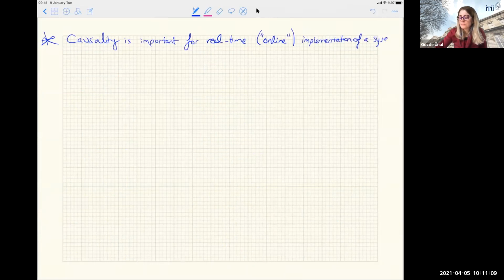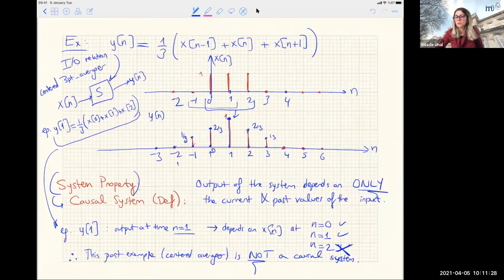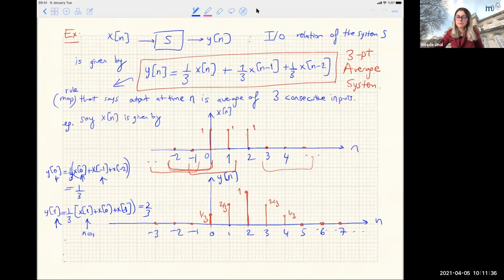So the causes of the output, right? Causality, causal. The causes are the values it depends on. They should already be available. That's what it means for an online or real-time implementation. Okay, that's why I wanted to mention. So the centered averager, for instance, is not a real-time implementable system, but this is real-time implementable.